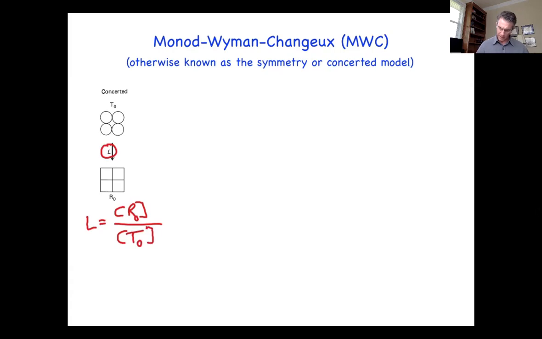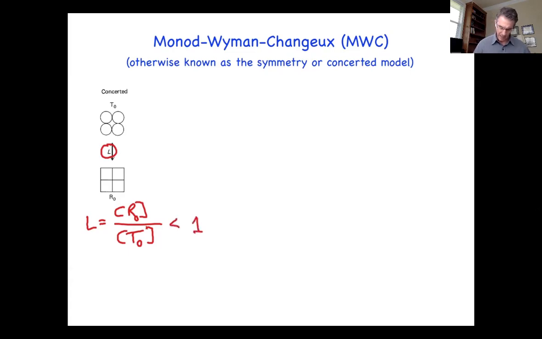You can absolutely think about that as an equilibrium constant. It describes the concentration in the absence of ligand of the R state relative to the T state, right? And for the model to work, the assumption is that in the absence of the ligand, the R state is going to be dramatically less well populated than the T state.